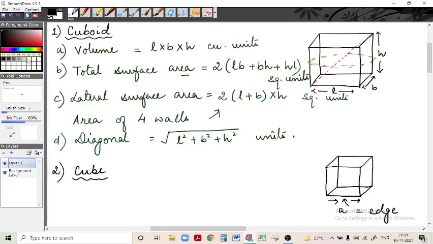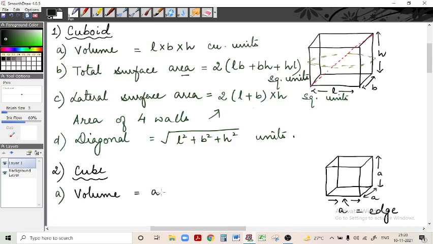Now when I am writing about its volume, it is also the same, length into breadth into height. But in this case, our length is A, breadth is A, height is A. All three are the same.